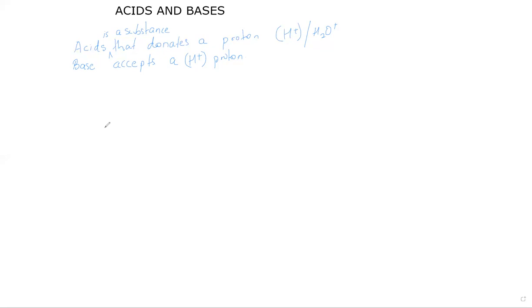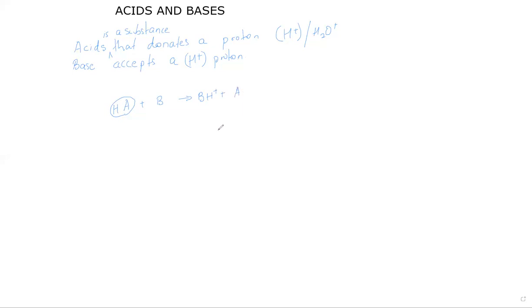Now, let's look at this reaction here. If you have HA plus B, that will give you BH plus A. If this is an acid, for the fact that it can donate a proton, it becomes an acid.